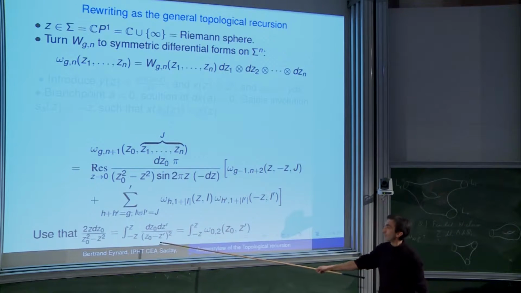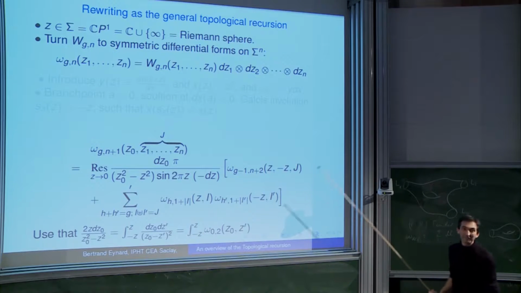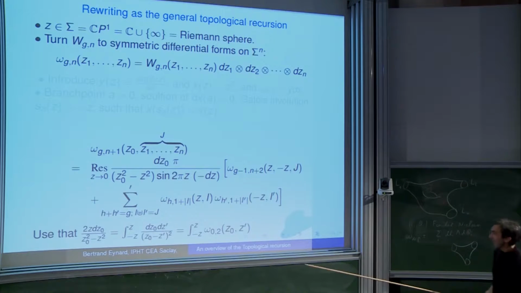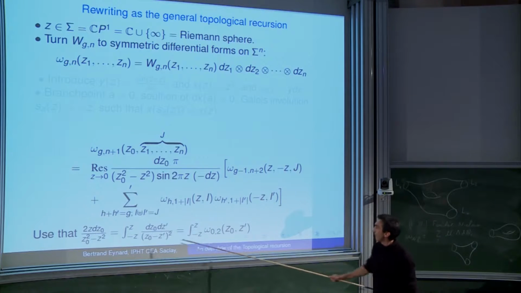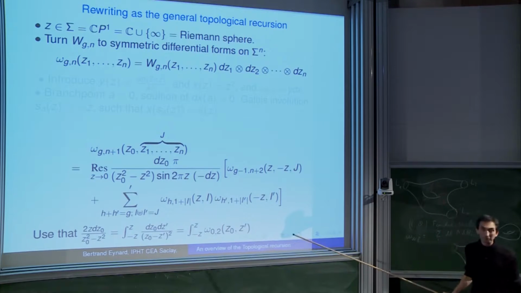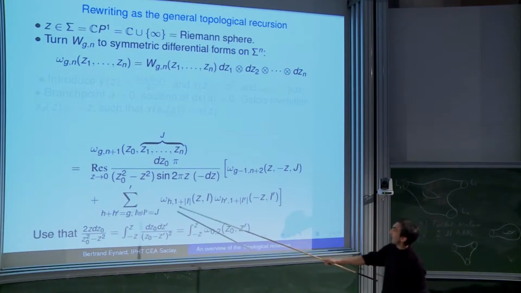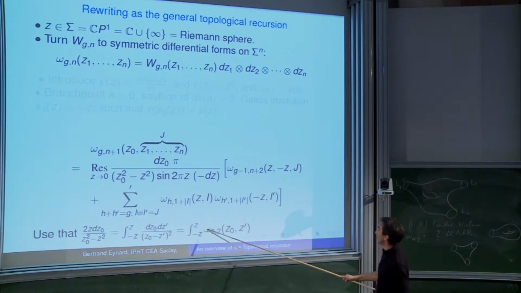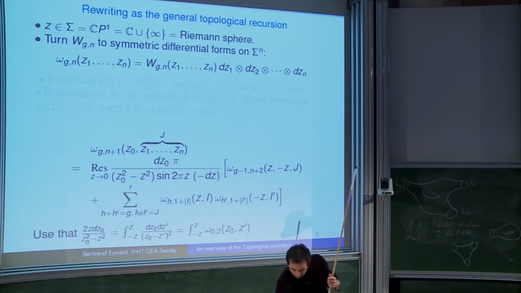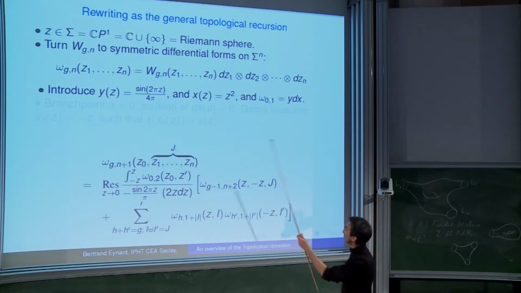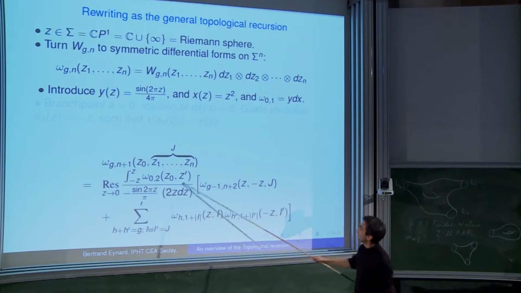So it's clearly an integral of that. I mean, it's a triviality. And this quantity is precisely what I call omega 0,2. So let me replace this denominator here by this integral. So this is what I did. I replaced the denominator by this integral.